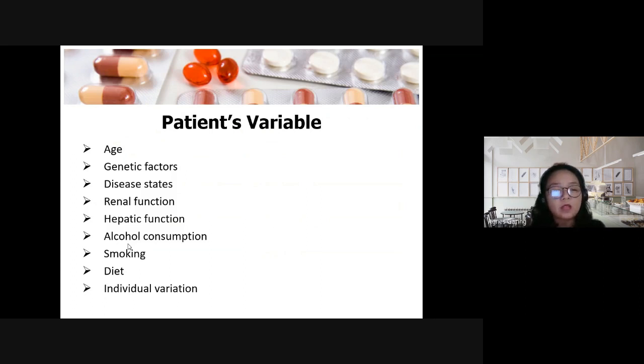So, enzyme induction class, what happens in enzyme induction? From the word itself, no, nai-induce, okay, or nagiging mas active yung mga enzymes para mag-metabolize ng gamot.